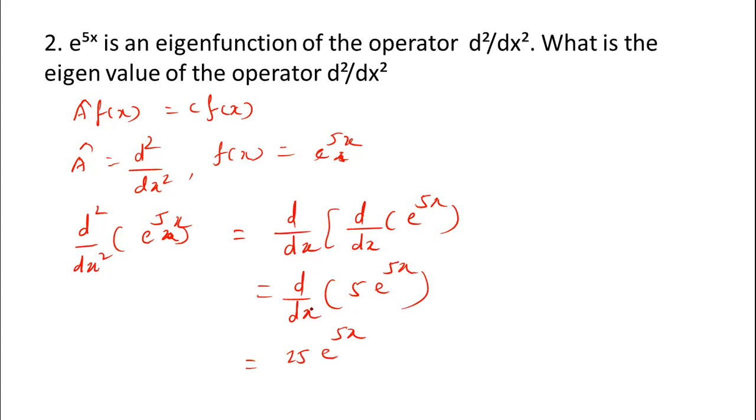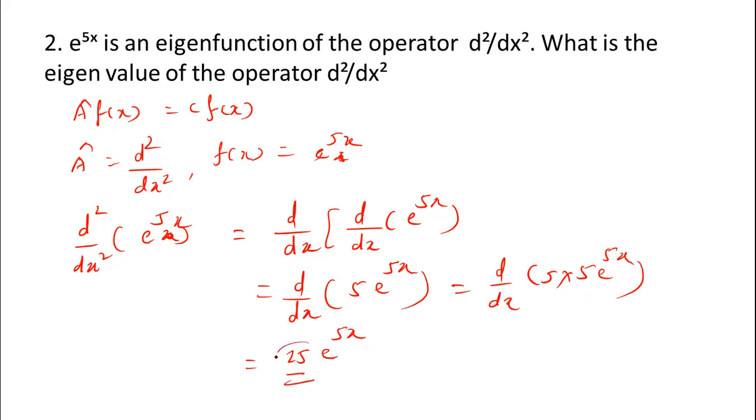Once again, another derivative of e raised to 5x gives 5 multiplied by 5. Actually it is written as d by dx of 5 into e raised to 5x, and the derivative of this is 5 into e raised to 5x. So it is equal to 5 multiplied by 5, 25 into e raised to 5x.